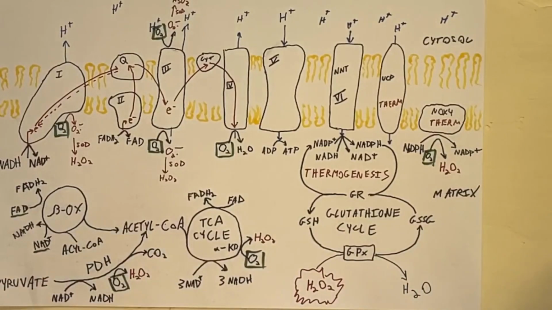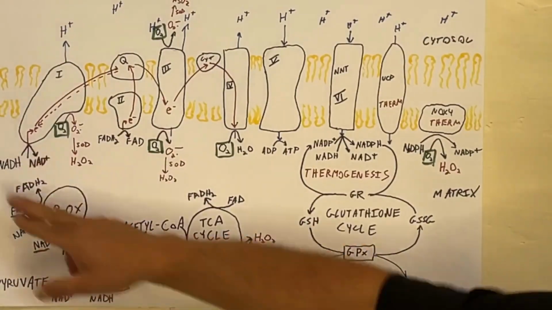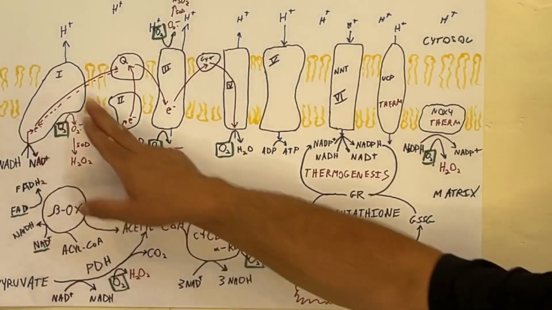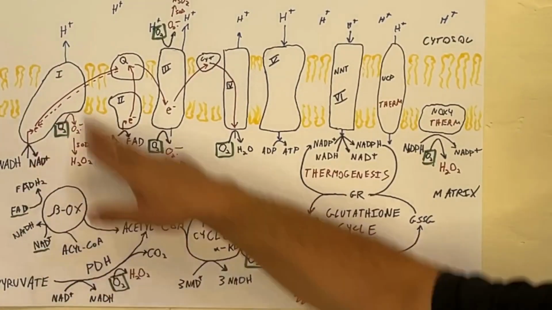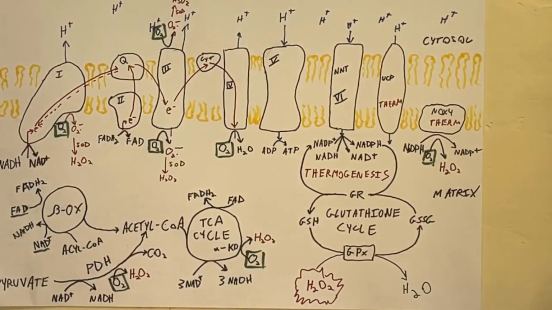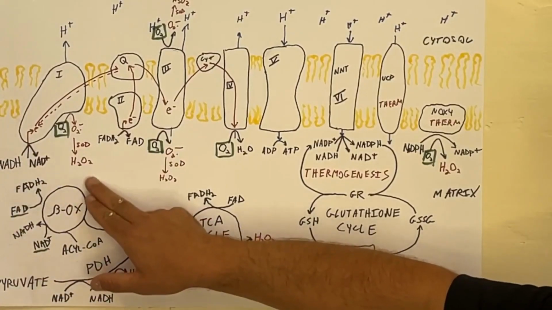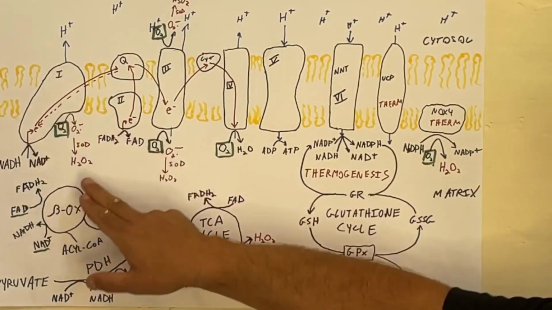NADH, they have those electrons and they have to give them to someone. And as those levels rise, there's more NADH trying to give up their electrons. If complex 1 is acetylated, they can't pass the electrons into the electron transport chain. And so a lot of those electrons start going through this alternate pathway of just creating reactive oxygen species. And so the higher that NADH levels go, the more reactive oxygen species you have produced at complex 1.